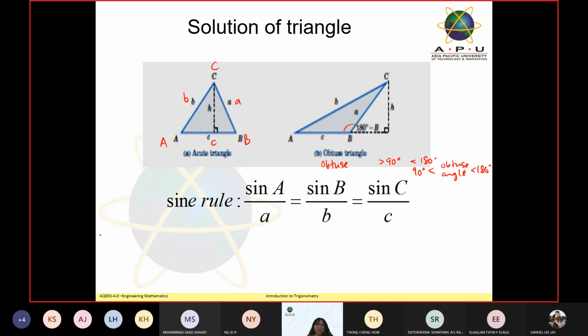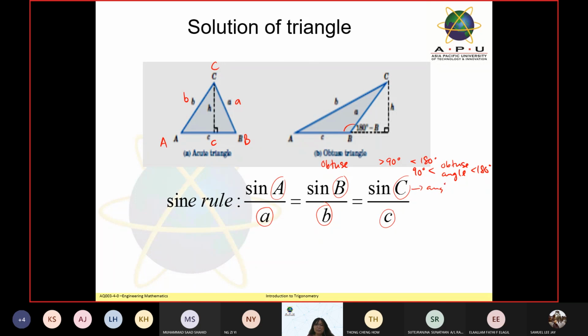Now how we apply the sine rule is: sine A divided by side A equals sine B divided by side B equals sine C divided by side C. All these are the angles, and the ones at the bottom, the small letters, are the sides.